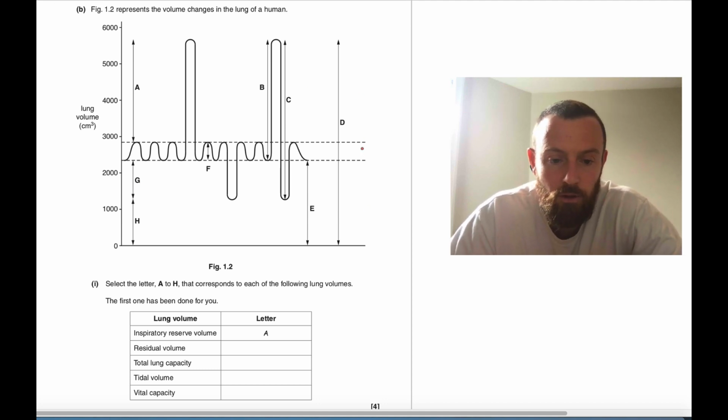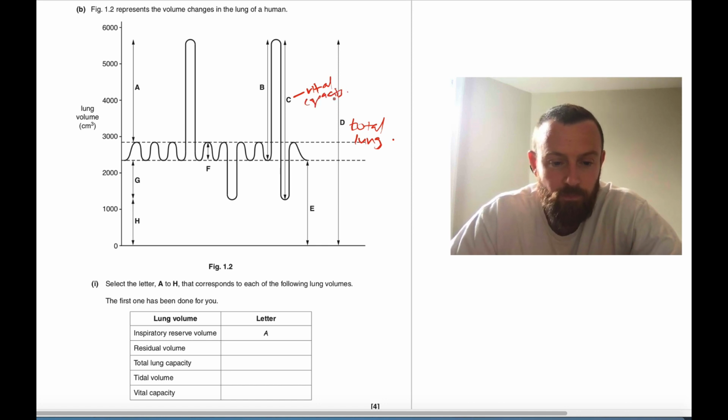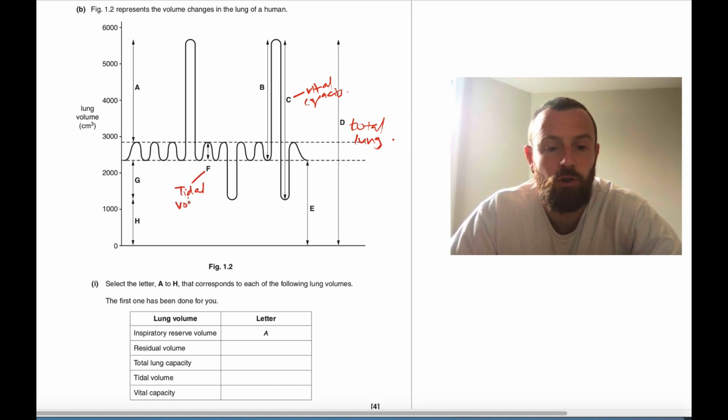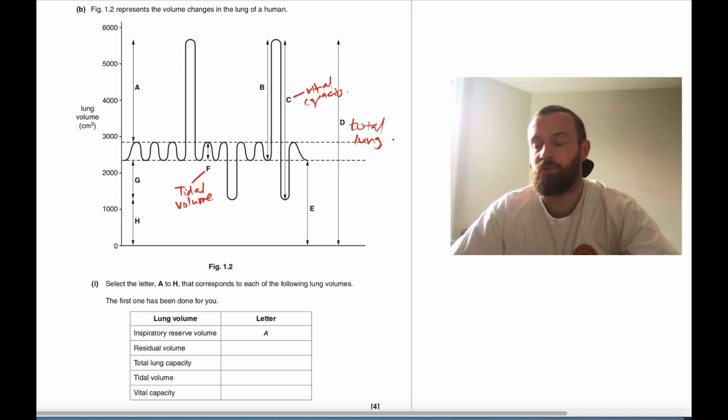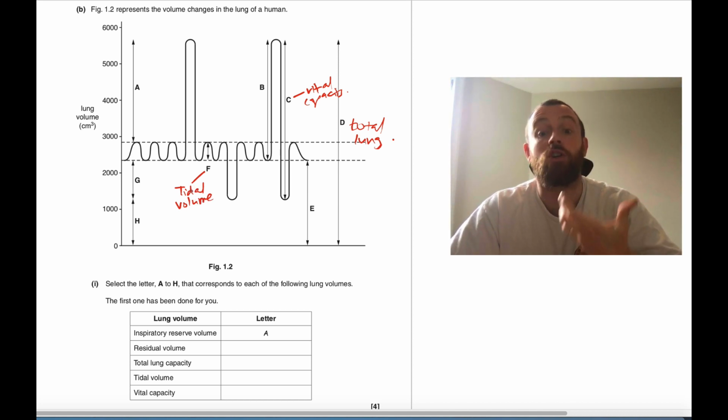So total lung capacity is D. And C is what's called the vital capacity. Tidal volume is F, which is just what you breathe in and out normally when you're not exercising or actively breathing in a lot and breathing out a lot.